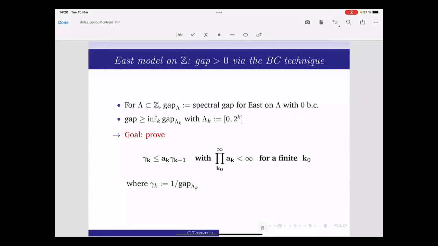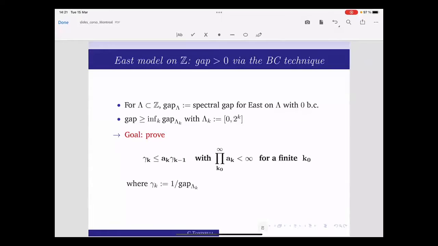Okay, so here what I intended to write with my pen was that what you have to keep in mind is the variational definition of the spectral gap that we just gave.